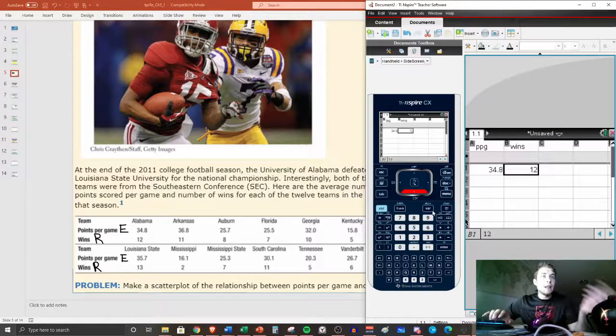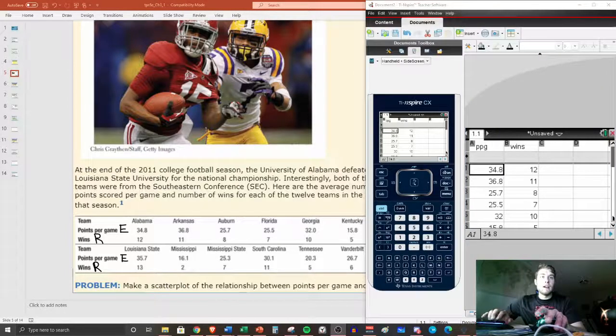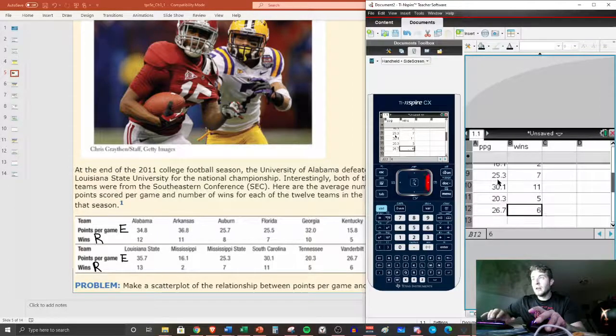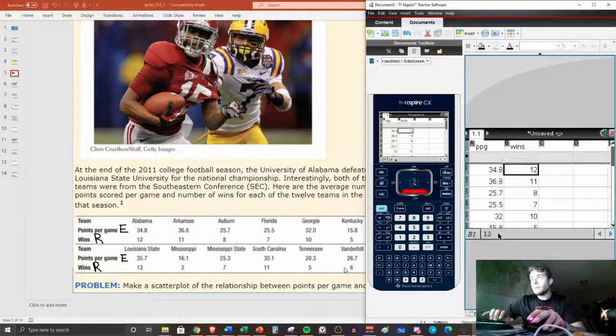This represents Alabama, right? So they have to be matched up appropriately, so make sure that you do that. All right, let's go ahead and pause and fill this in. All right, so I've got mine filled in. It should go down to 12 here. We got that, okay? Now, it's time to make the scatter plot.